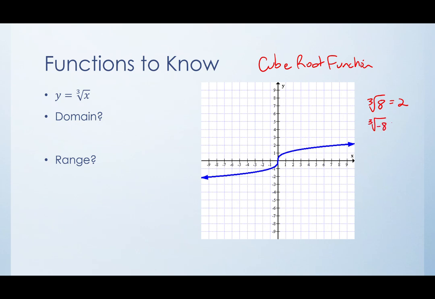What number can I cube to get negative 8? Well, negative 2. So this one doesn't have the problem that square root does. You're not going to introduce imaginary numbers with any odd roots, because if you raise a negative to an odd power, you still get a negative. So this one we're going to have domain being all real numbers, range being all real numbers.